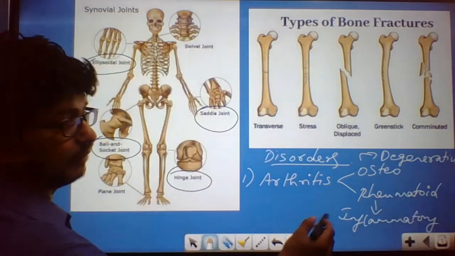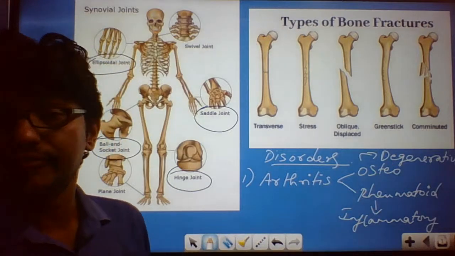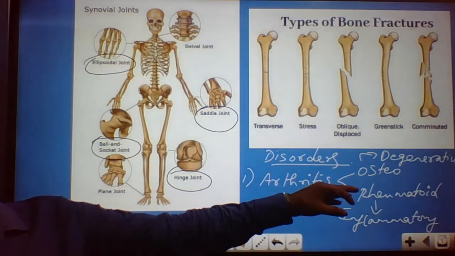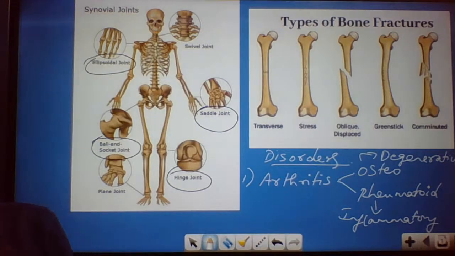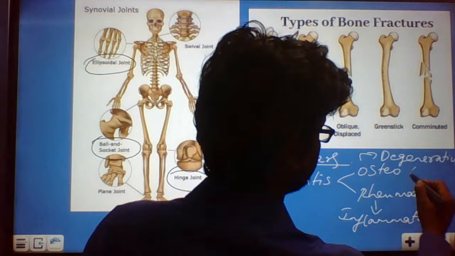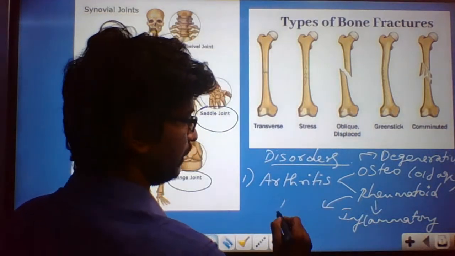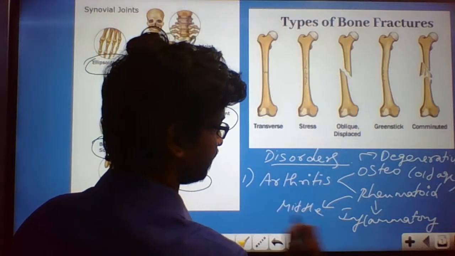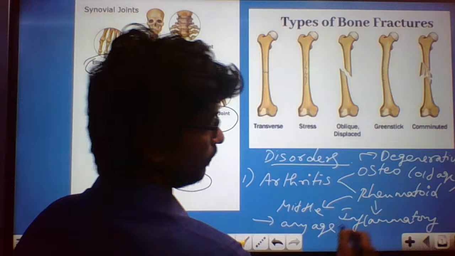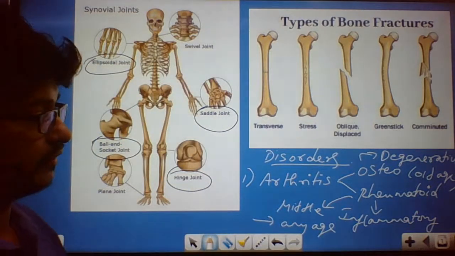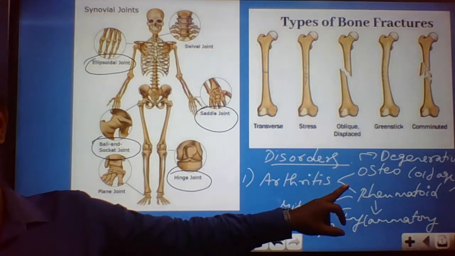Both are arthritis, but osteoarthritis is degenerative and rheumatoid arthritis is inflammatory. Osteoarthritis usually affects old age, while rheumatoid arthritis may affect middle age, or any age actually. Age is not the important factor; any age group may be affected by rheumatoid arthritis. So arthritis is classified into osteoarthritis and rheumatoid arthritis.